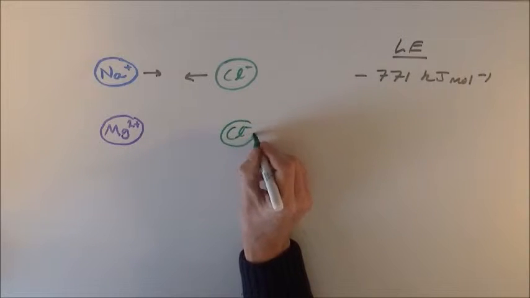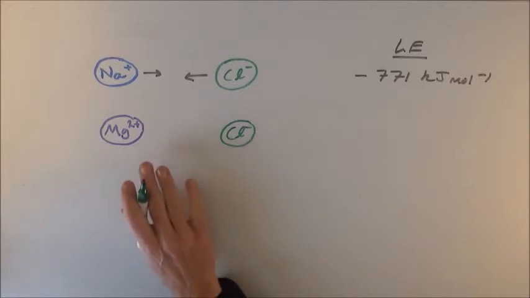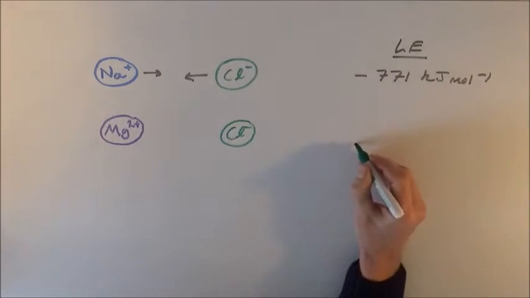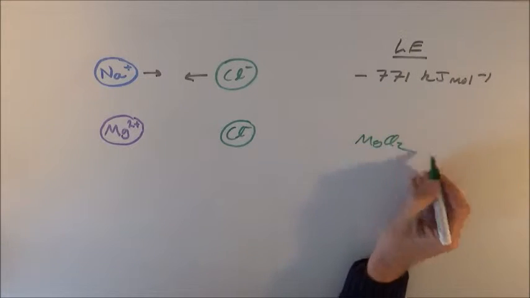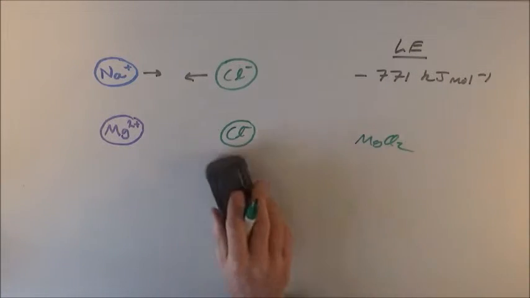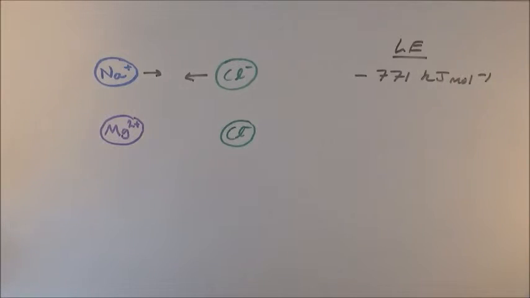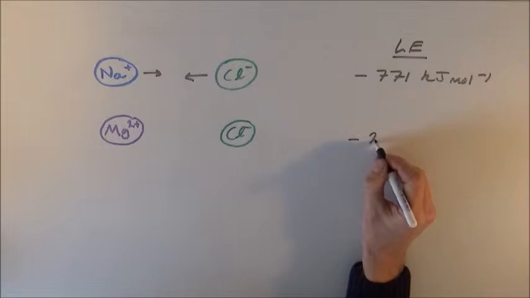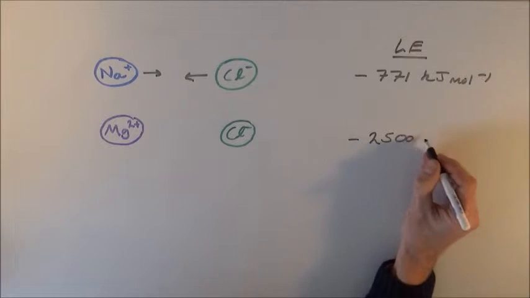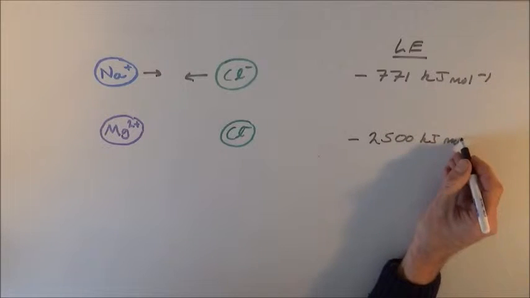Now, of course, magnesium chloride is MgCl2, don't forget that, but I'm just talking about the attractive force between the ions. The lattice enthalpy for magnesium chloride is minus 2,500 kilojoules mole to the minus 1.